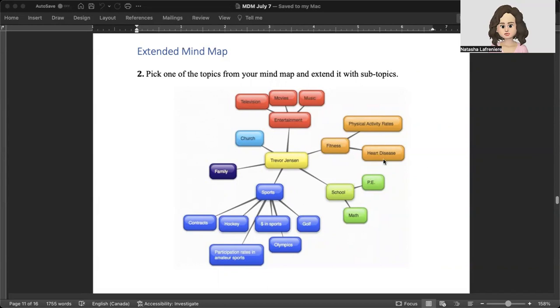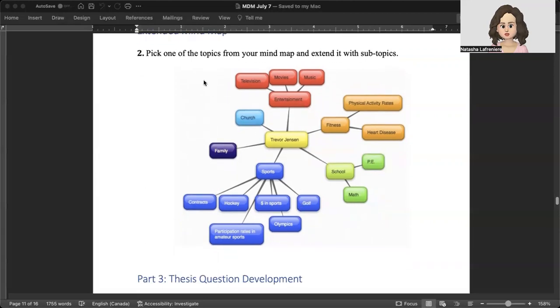For fitness, he's got physical activity rates, heart disease. For school, he really enjoys math and physical ed, sports. So work on extending your mind map, and it'll really kind of narrow it down into something that you are invested in.